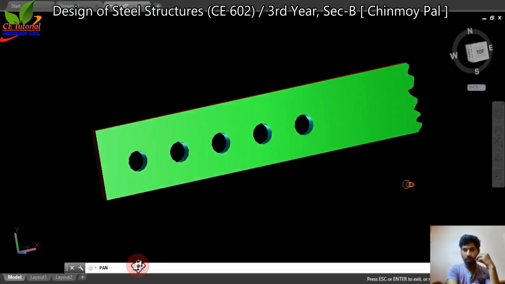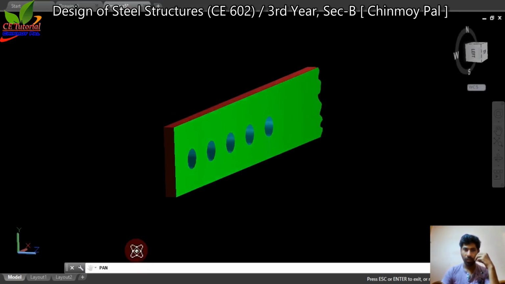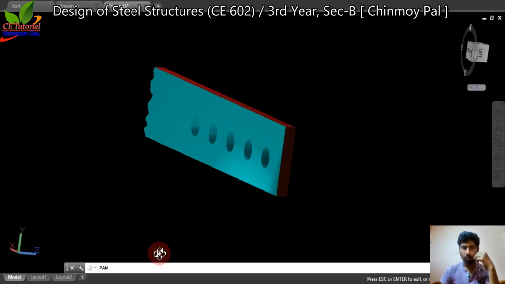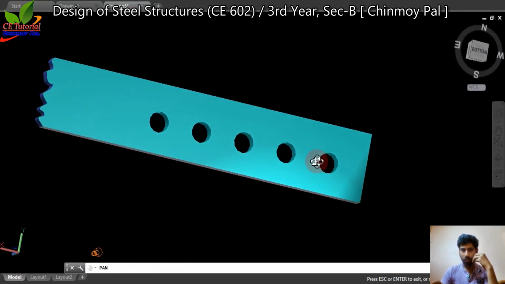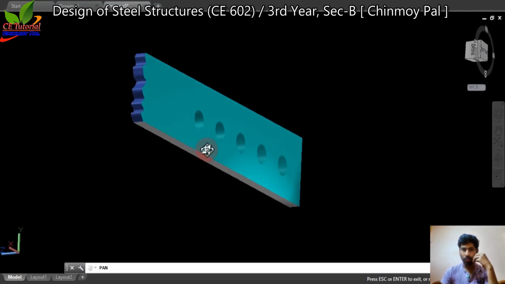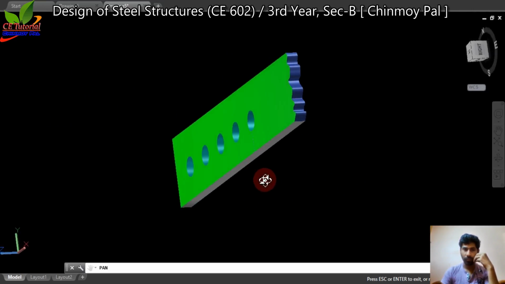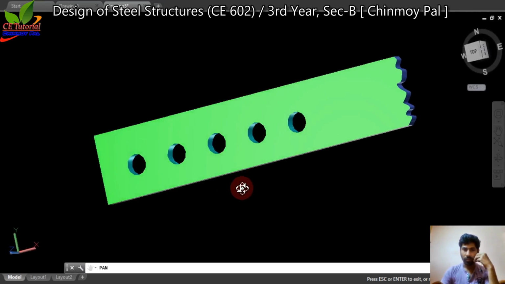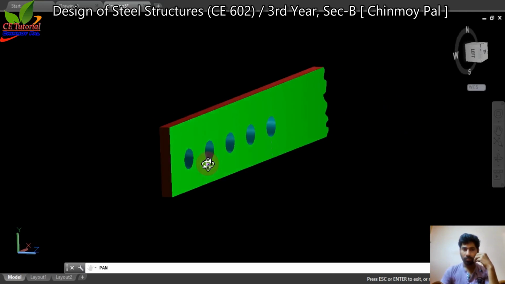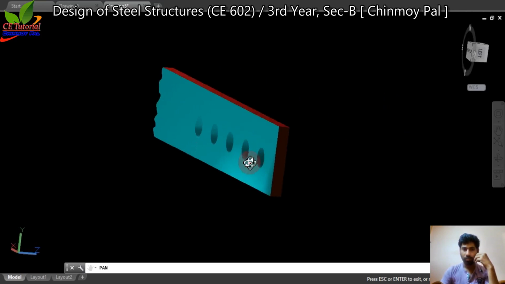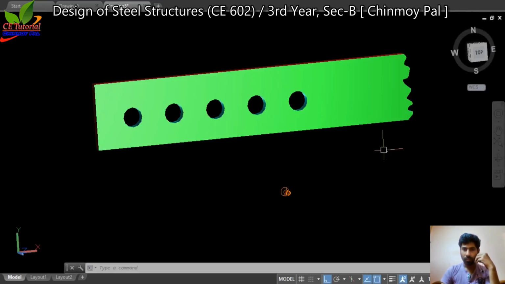Now you can see that this is the plate, and bolt is placed in one line, and number of bolt is 5. And when this member will be subjected to a tension force, the block shear failure can happen for this connection like that.